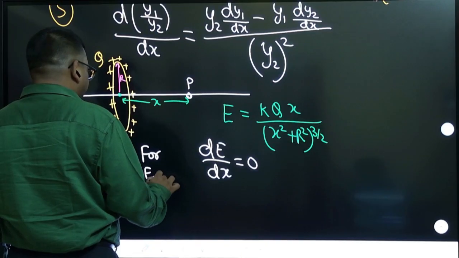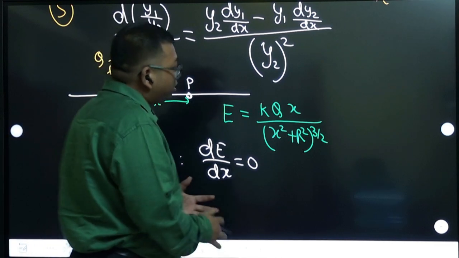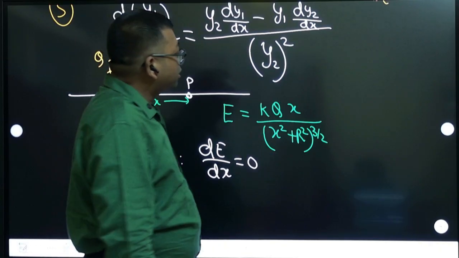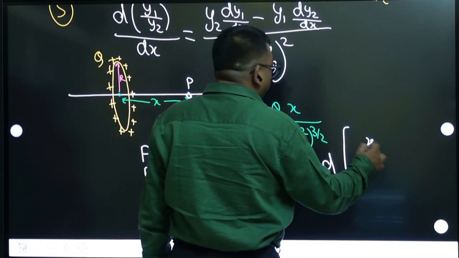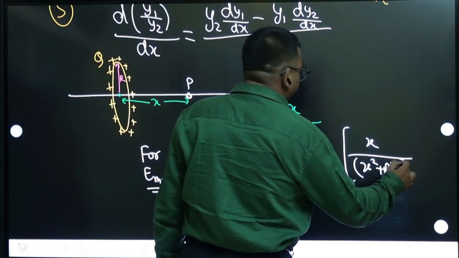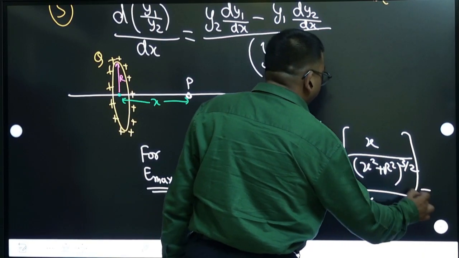For the electric field becoming maximum, here we will apply differentiation equal to 0. Now note that kq is anyway constant. So basically you need to think of the differentiation of x by (x square plus R square) power 3 by 2. This differentiation with respect to x has to be 0.